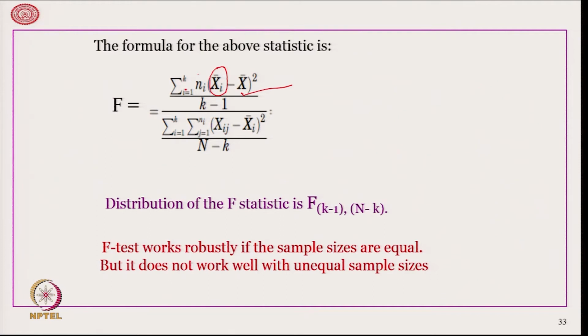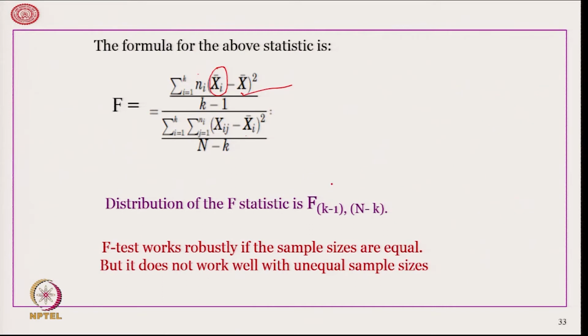So, if we know n 1, n 2 up to n k minus 1, then n k is fixed. And in the denominator we have the overall sample variance, sigma of x i j minus x i bar whole square, that is the variation within the ith population, summed for j is equal to 1 to n i for the ith population and i is equal to 1 to k.